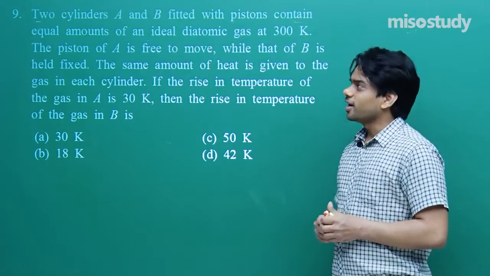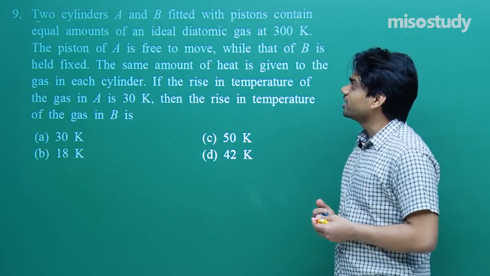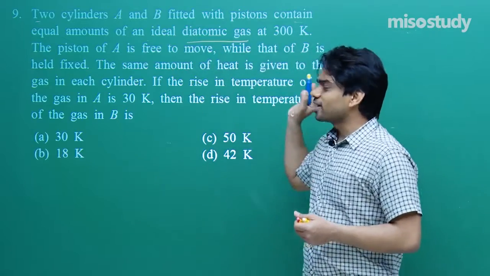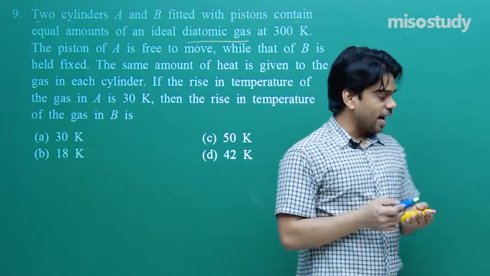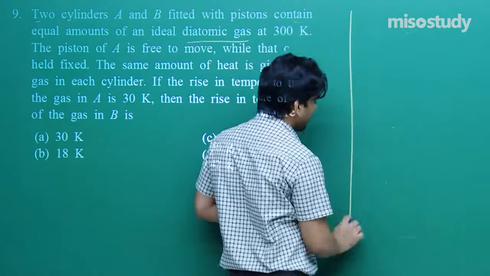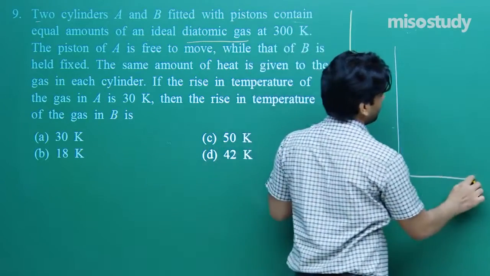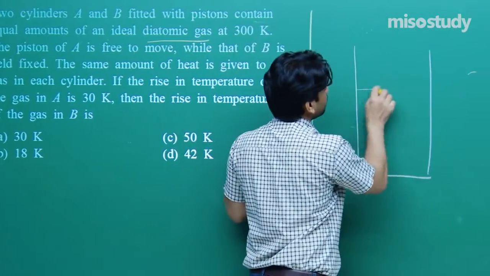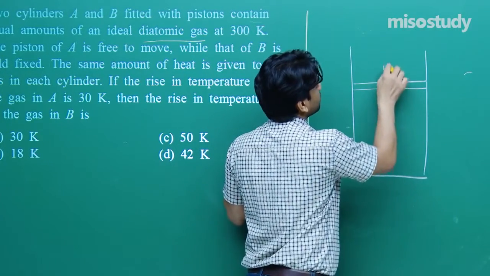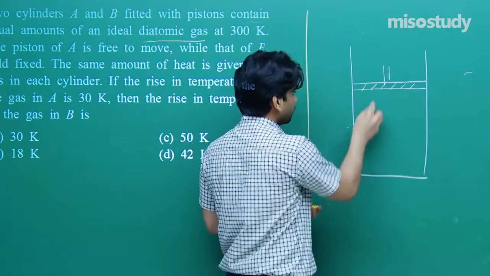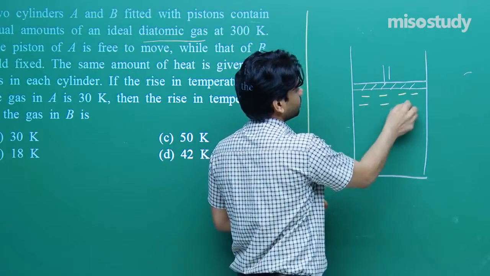Two cylinders A and B fitted with pistons contain equal amount of an ideal diatomic gas. Let me first try to make a diagram from the given information. I have taken two cylinders fitted with pistons. Ideal diatomic gas is filled in both.